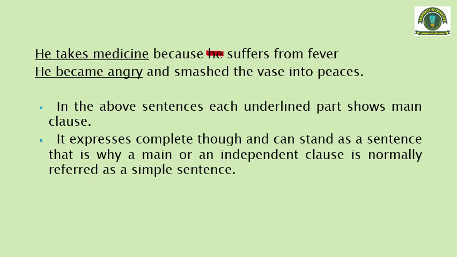We got another subject, "he," and "suffers from fever," another predicate. So there are two predicates in this sentence, and I think they both are complete. They both are independent. Why? Because "he takes medicine" gives a complete sentence, and "he suffers from fever" gives complete information. So if we break both, they can stand independently. They can convey their message independently.